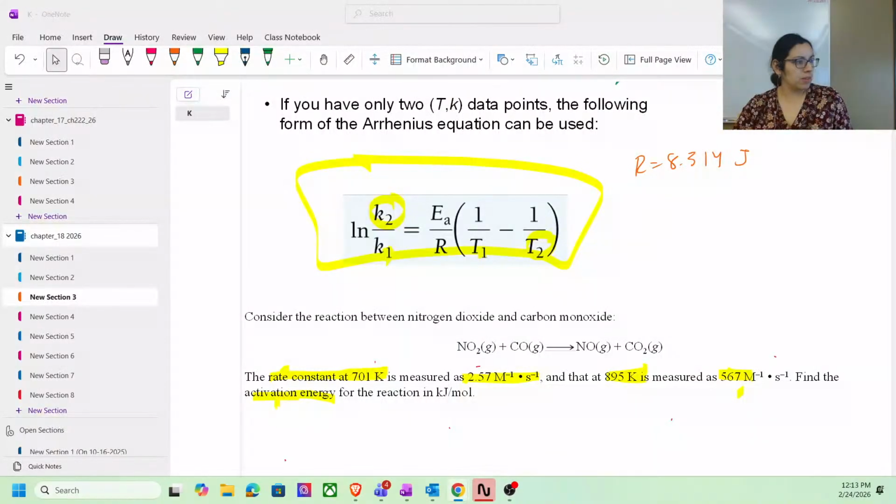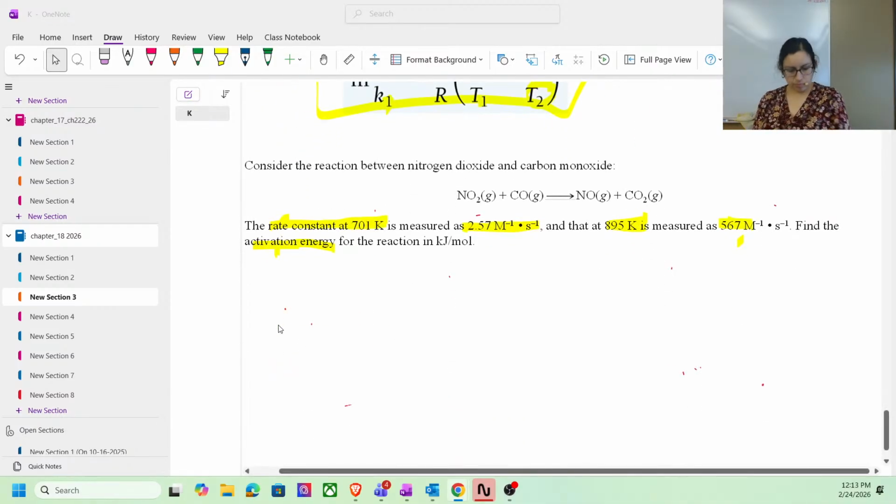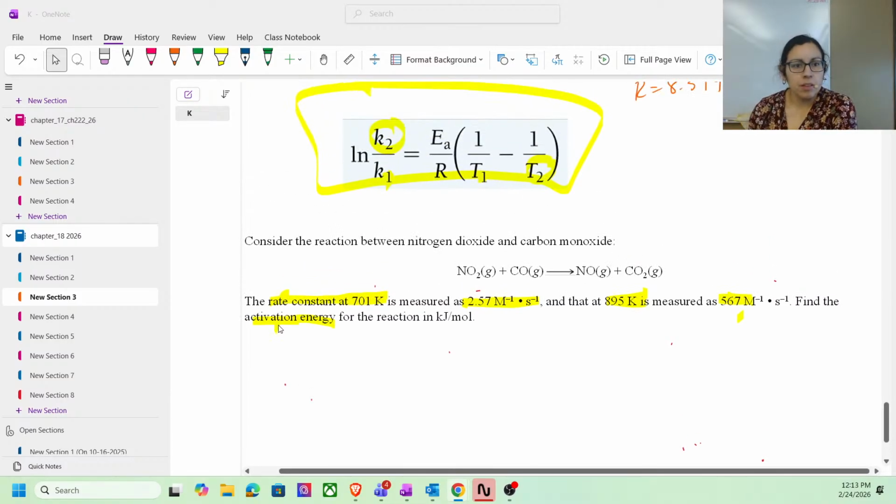So let me sketch out the work and you guys can tell me whether you agree. Just plugging it in.